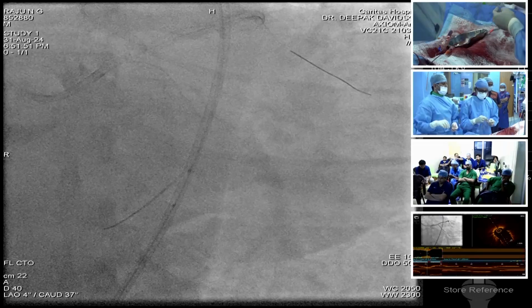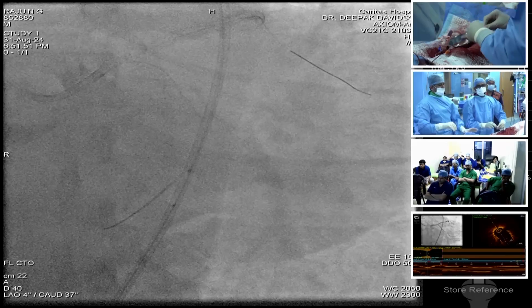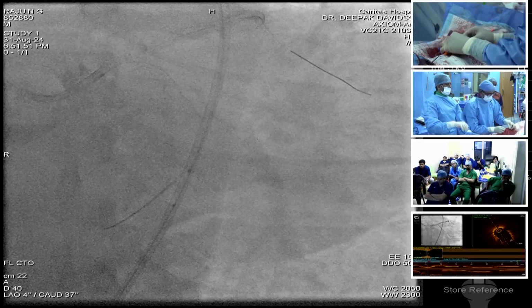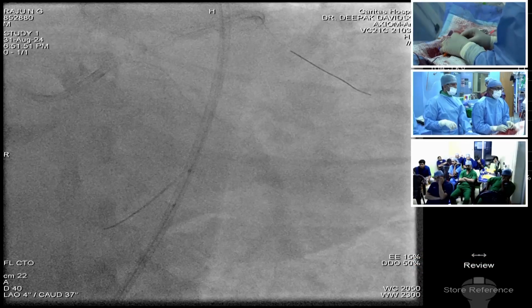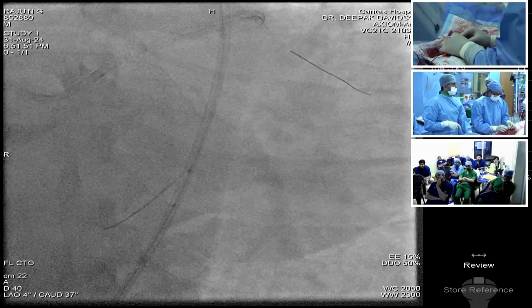We are again going with a 2 balloon, 12, 14, and after that a 3 balloon into the circumflex. If it fails to go, we'll go with a New York balloon and a 3.5 aux into the LAD. Negative.